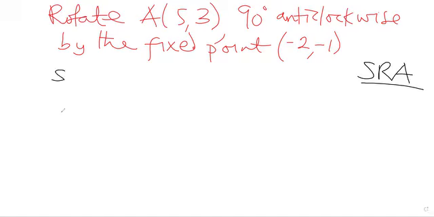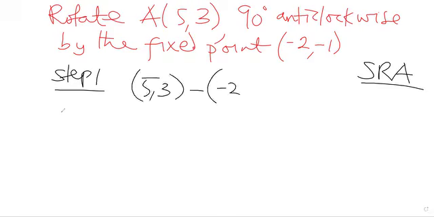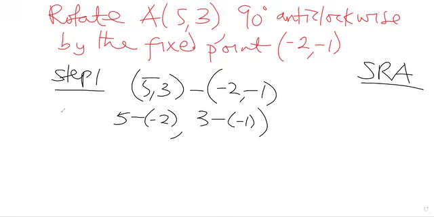So step one, I'm going to subtract. What's the point I'm rotating? (5, 3). I'm going to subtract the fixed point, which is (-2, -1), from it. So that gives me 5 minus the x, which is -2, then I have 3 minus the y, which is -1. So all this gives me 5 plus 2, and that's 7. 3 plus 1, that's 4.